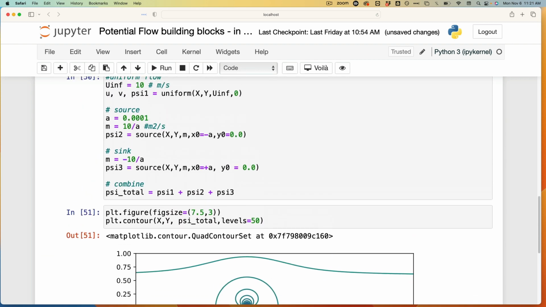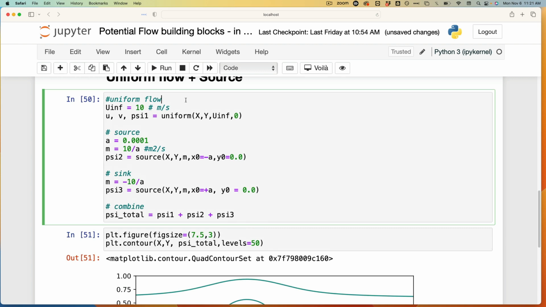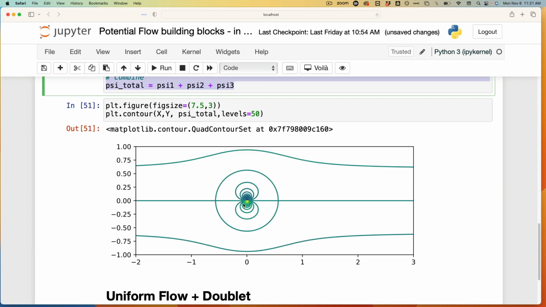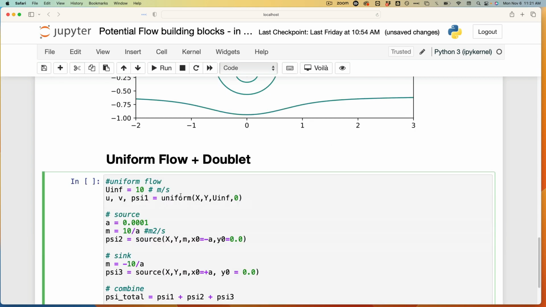Okay, so let's copy this stuff over here. Uniform flow, and I just copy everything. Okay, uniform flow, we still have that, and then we're going to do a doublet, and I'm going to call this k equal 1.